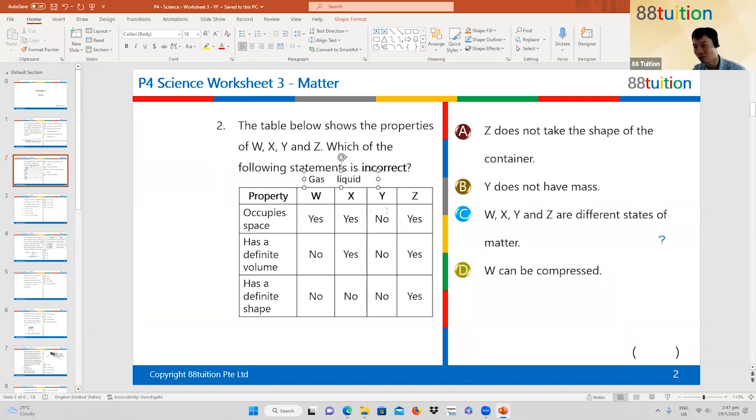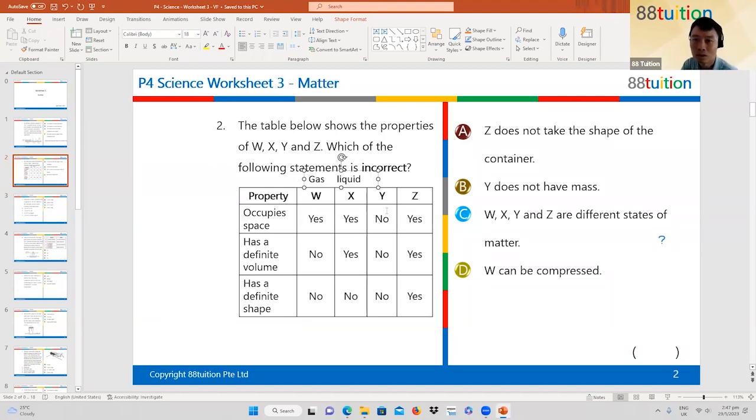Is Y a form of matter, Ariano? No response from Ariano.